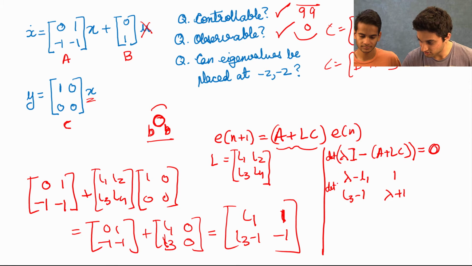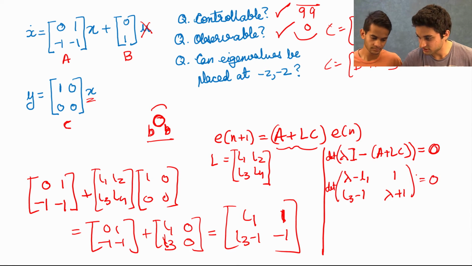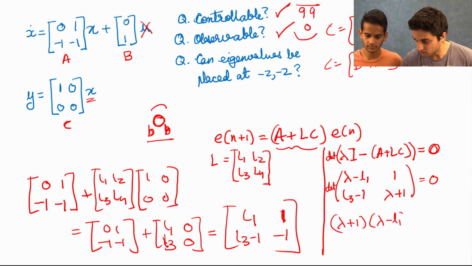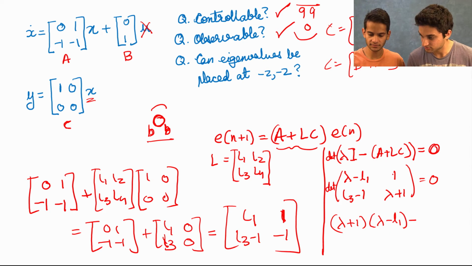The determinant of this is equal to 0, which becomes lambda plus 1 times lambda minus L1. This should be negative. Yeah, this is positive, so it becomes negative. Then would this be a negative too? Yeah, this would be a plus then. That looks about right.